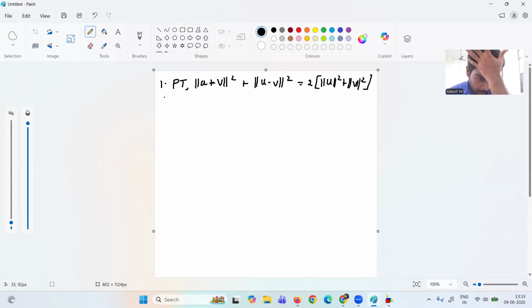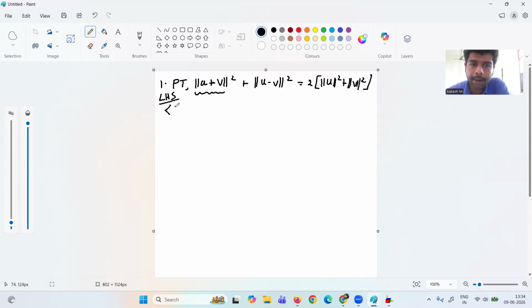Okay. So first you take the LHS. Using the first note, you expand this. What you will get?